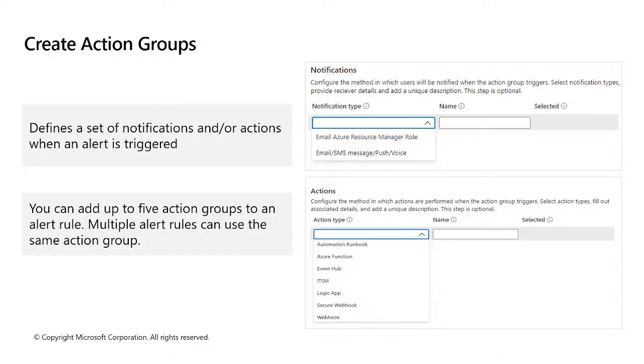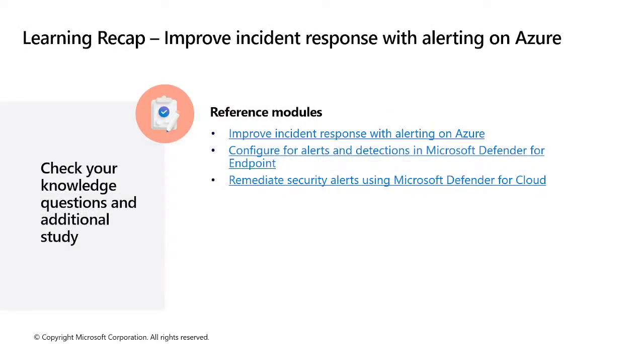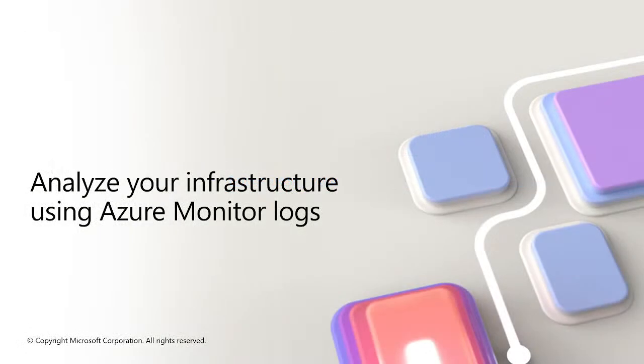Or we want to configure an action, after this is triggered, to run an automation runbook, to run a PowerShell script that will restart the virtual machine. Anything you want to do. But within the action group, this is where we declare what needs to be done when it comes to the notification settings, what kind of actions need to be done, and who we are sending this particular alert to.